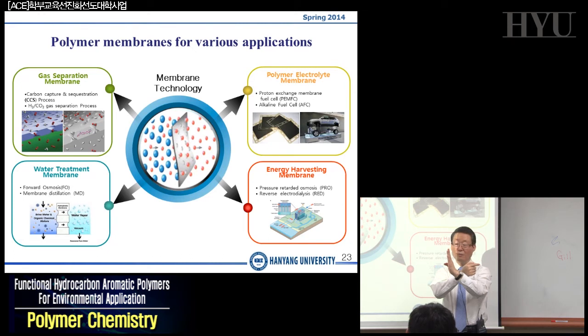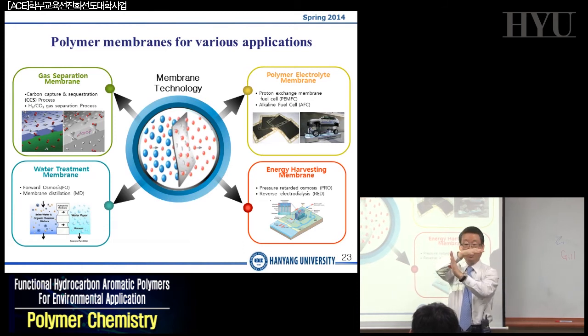But if you add pressure higher than the osmotic pressure difference to the seawater side, the water passes in the reverse direction to the osmosis direction, so we call this a reverse osmosis process. We call this membrane a reverse osmosis membrane.